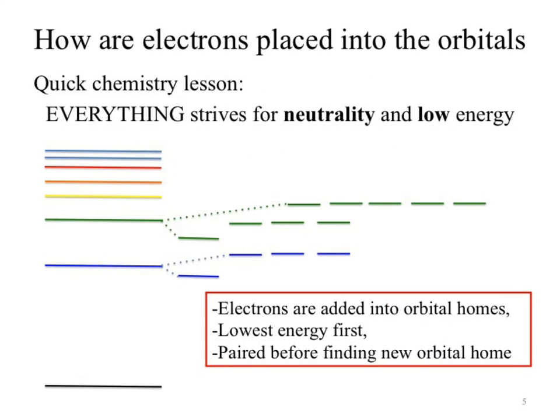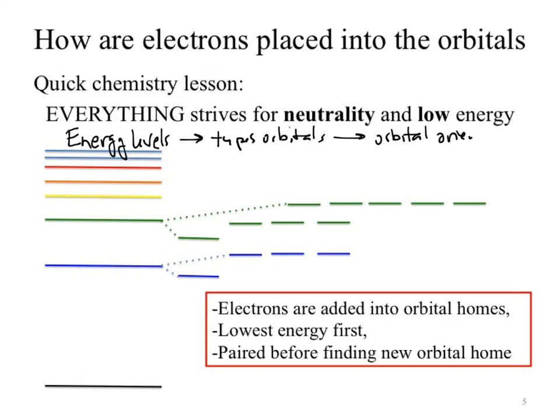So we could say, above all my colorful lines, we've got our energy levels that then break down into our types of orbitals, which then break down into our orbital orientation, which really gives us the number of orbitals.